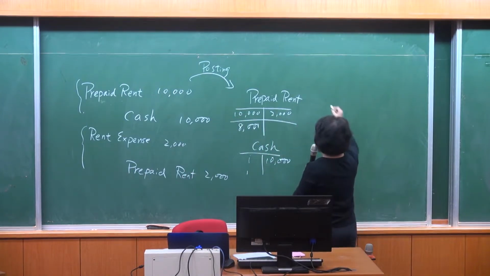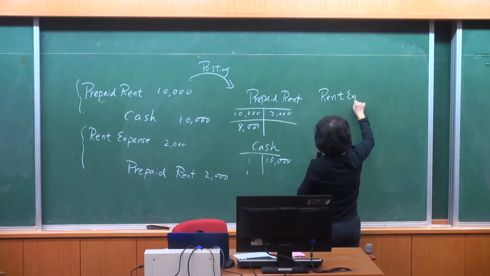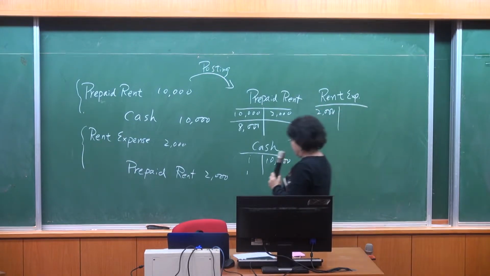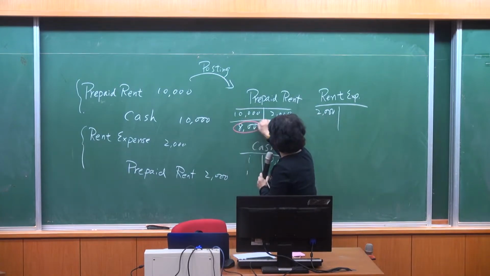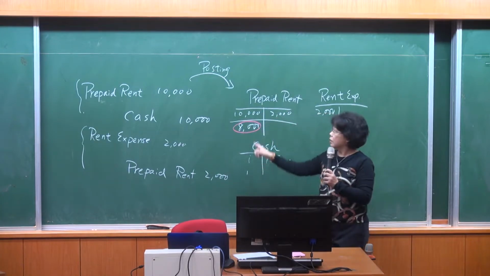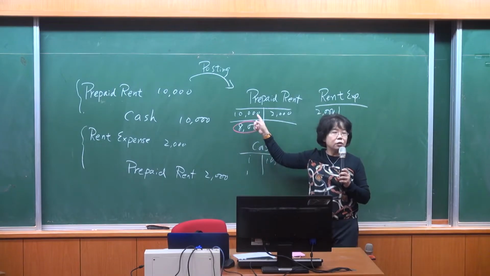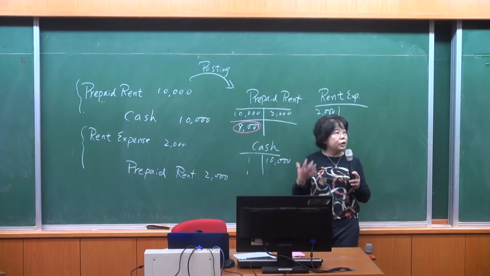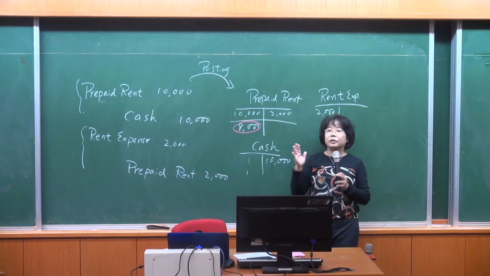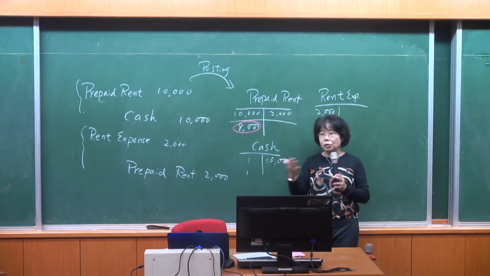And after here, you have another posting to the rent expense for $2,000. So this one, we update your current right from 10,000 to 8,000. You are updating to the current right after the time you go through.